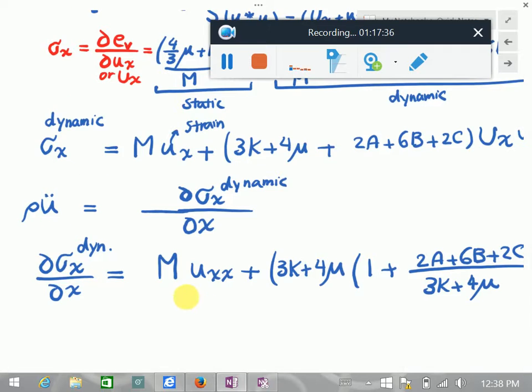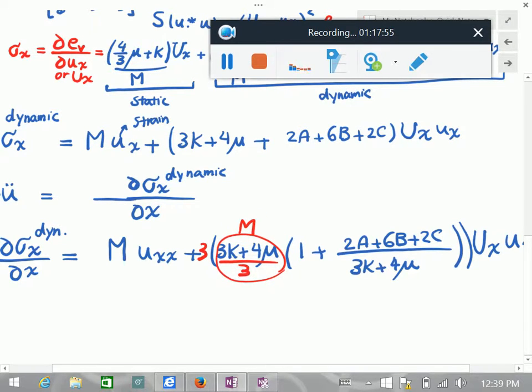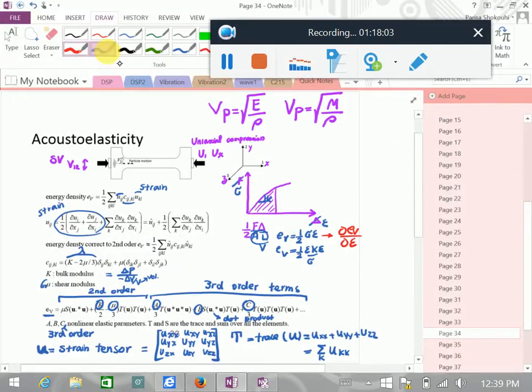So now, if we divide this by 3 and multiply it by 3, this 4 mu plus 3k over 3 is m. Correct? I want to basically factor m out. This is the purpose of all of that.